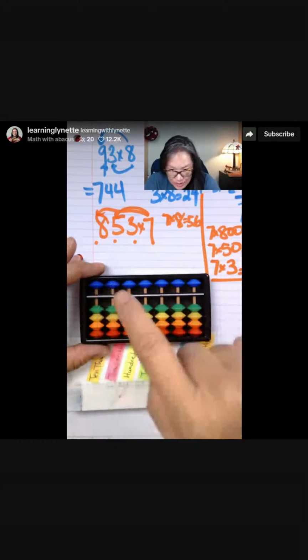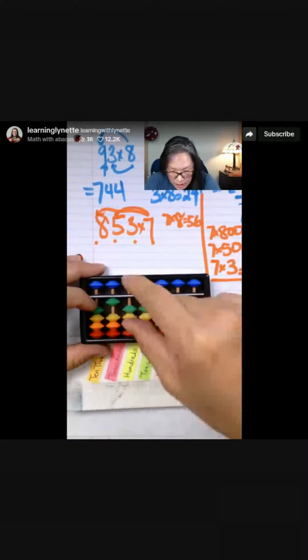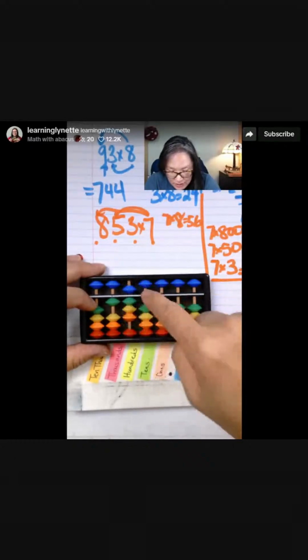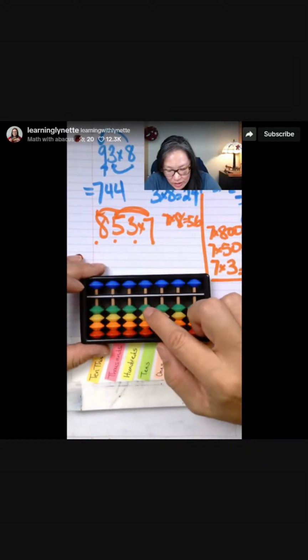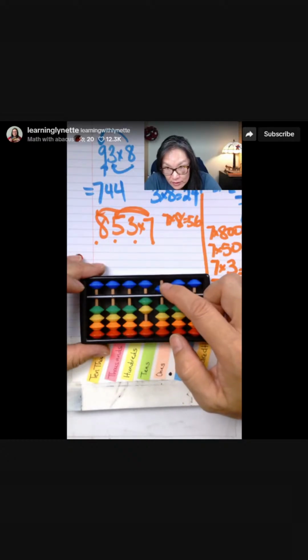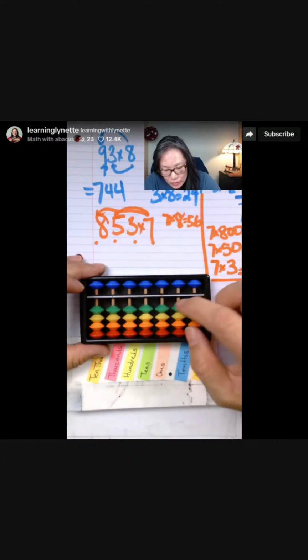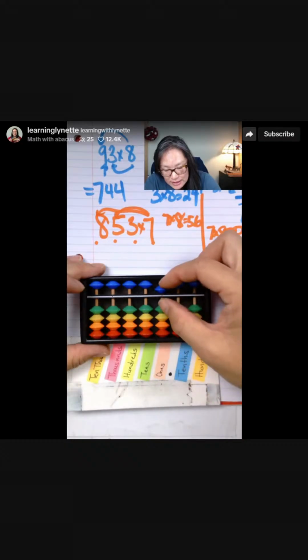So 800, 8, 0, 0. And 25 minutes: 2, and then 5. This is 25. When we count, we do 1, 2, 3, 4, and then we have 5, 6, 7, 8, 9.